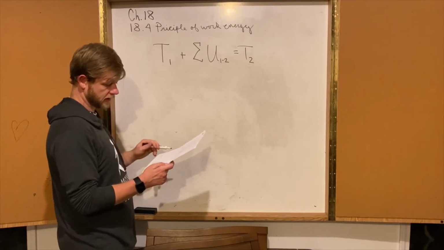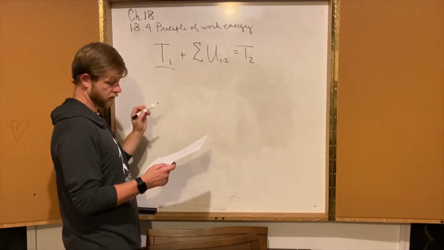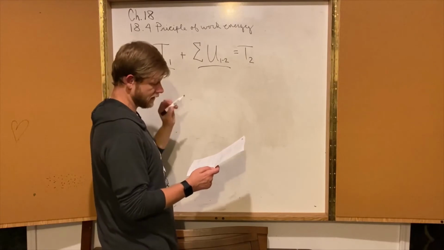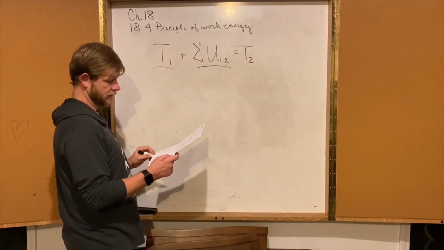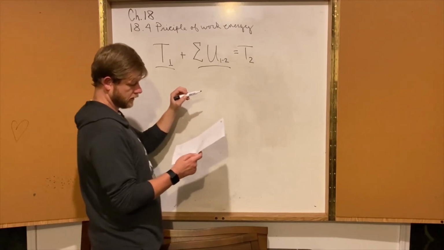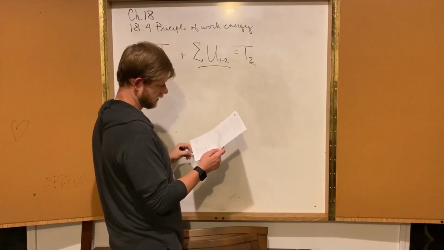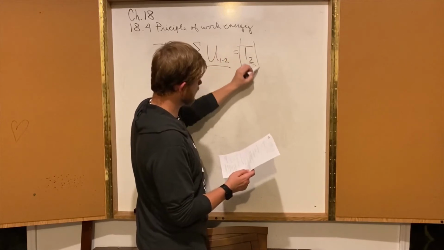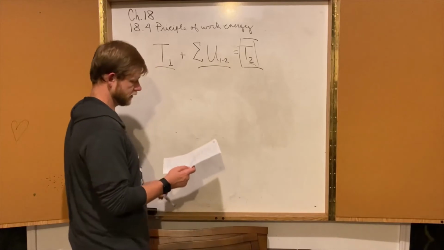Basically, this says the initial translational or rotational kinetic energy, plus the work done by outside forces and couple moments acting on a body as it moves from the initial position, which here is 1, to the final position, which here is 2, equals the body's final translational or rotational kinetic energy, T2.